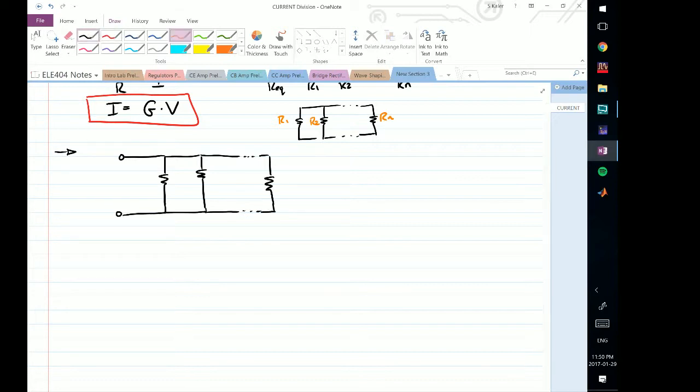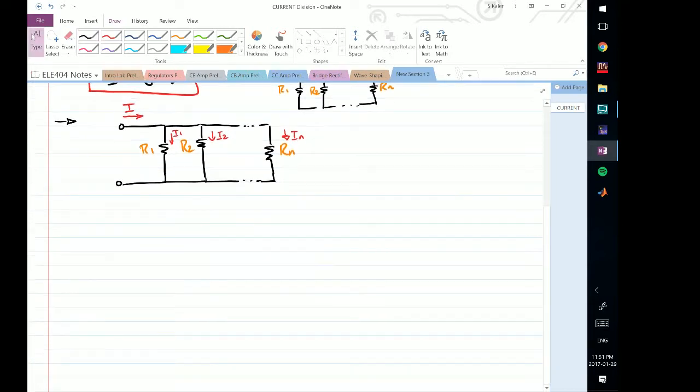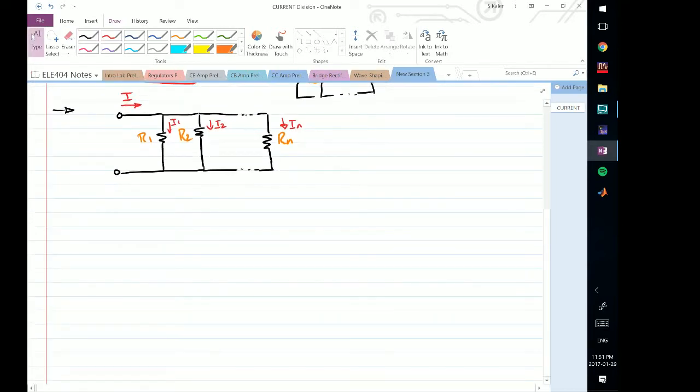So I will call this R1, R2, and Rn. And now, in each branch, I will have I1, I2, and In. And I will call this current flowing here I. So we have a total current flowing in, and we have a number of branch currents. Now the question is, how can we define each branch current in terms of some parameters that we know?